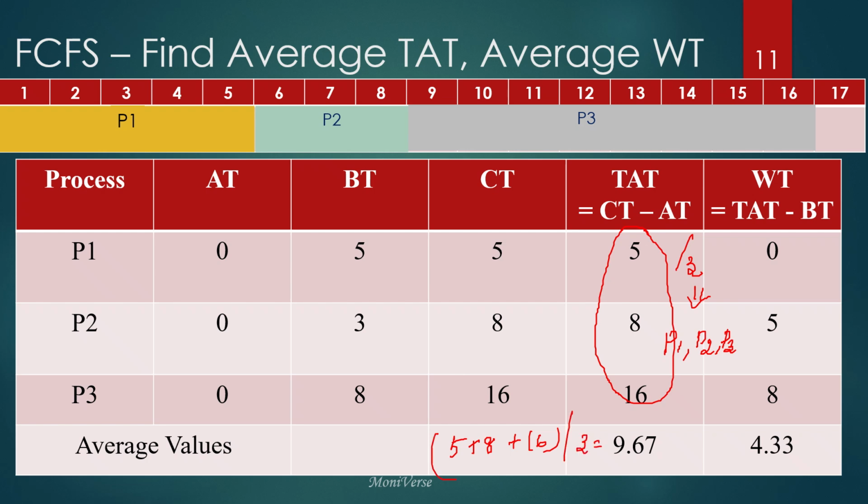The same way you calculate the average waiting time: 0 plus 5 plus 8, divided by 3, as there are three processes. We'll get the answer as 4.33. So this is what the computer is performing inside while processes are being executed in the first come first serve model.